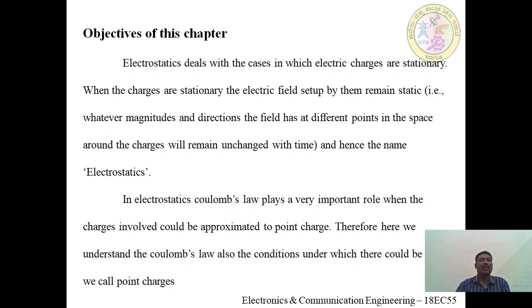That is, whatever the magnitudes and directions the field has at different points in the space around the charges will remain unchanged with time. Hence the name electrostatics. In simple words, charges in static positions are dealt with by electrostatics.